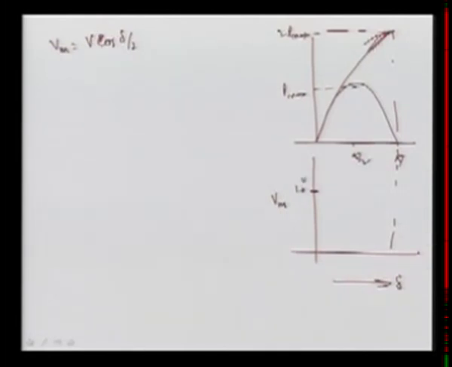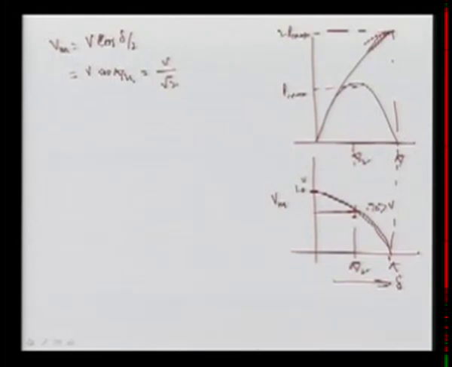When delta is pi by 2, it is pi by 4, so it is V into cos pi upon 4, means V upon root 2, so we are getting some voltage here. And when delta is pi, this is 0. So we get this voltage profile, and this voltage is 0.707 V.